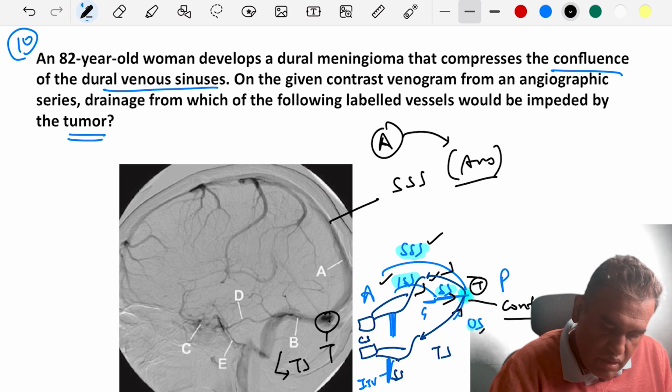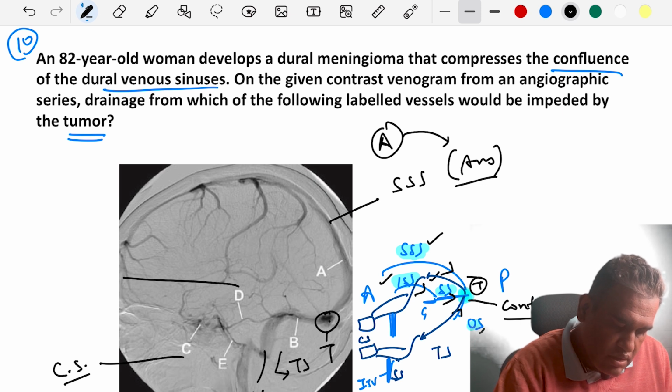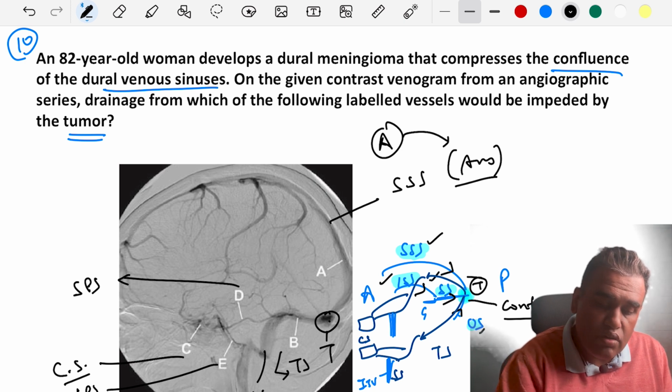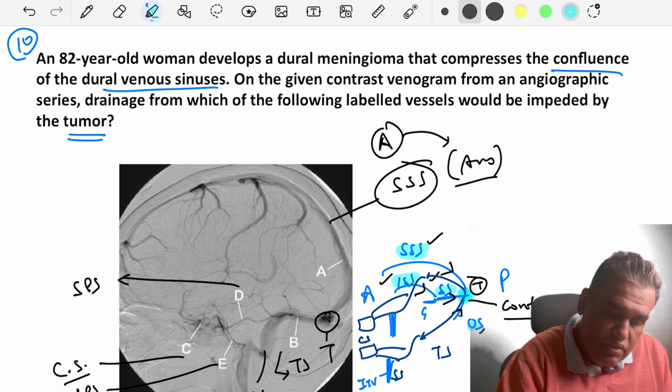Then this will be the sigmoid sinus. This C will be the cavernous sinus. This D will be the superior petrosal sinus, and E will be the inferior petrosal sinus. But the drainage will be impeded only in the superior sagittal sinus. Hence, the superior sagittal sinus will be our answer.